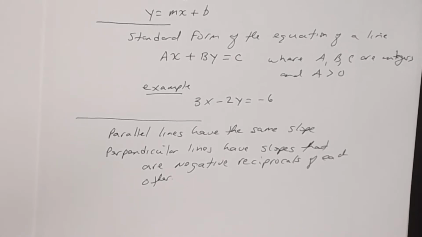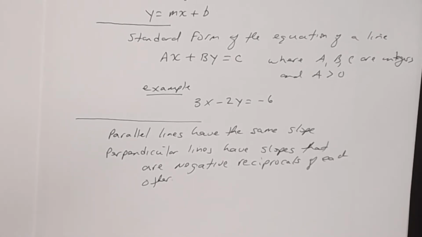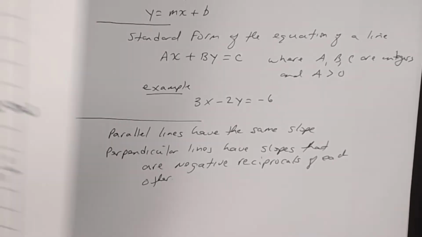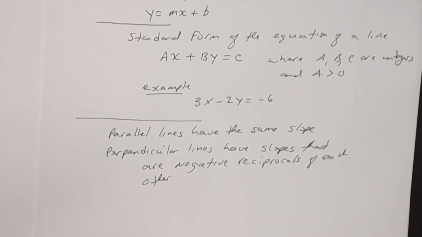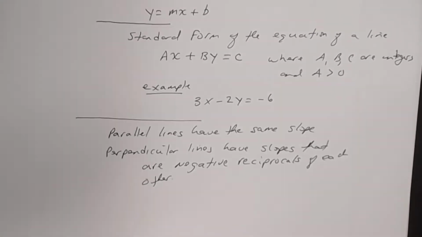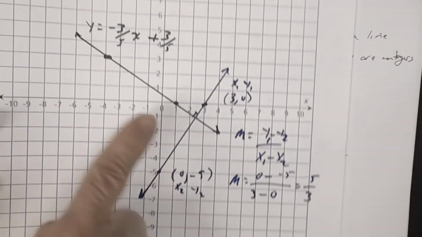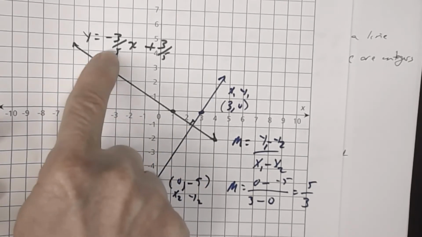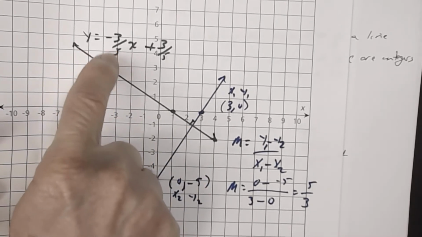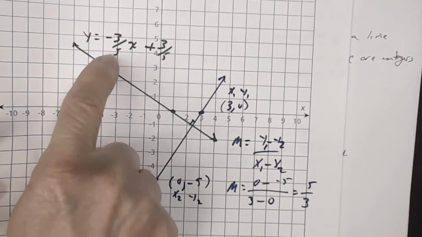that for perpendicular lines, an example would be this one. These two lines are perpendicular. Notice that this line's equation is in slope-intercept form, so the slope is -3/5.